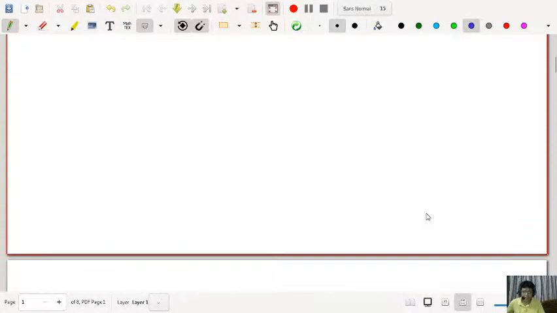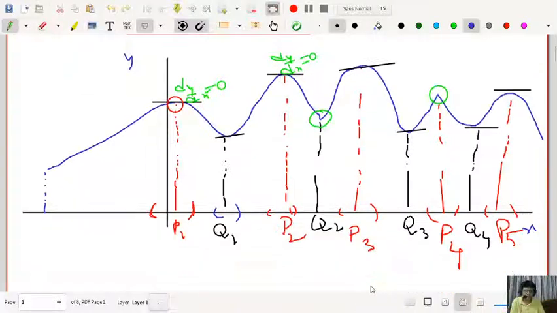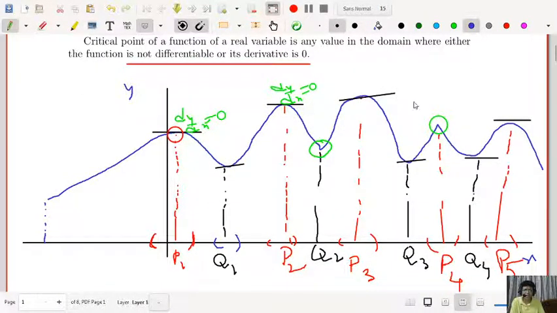Now go to the diagram once again. I want to explain one more important thing. I gave you the idea about the local minima and local maxima. Now look at that. If you observe the curve, this is your left end point and this is your right end point. In this interval, which point is the greatest or the highest? You look at that, the value at P3 is the greatest.